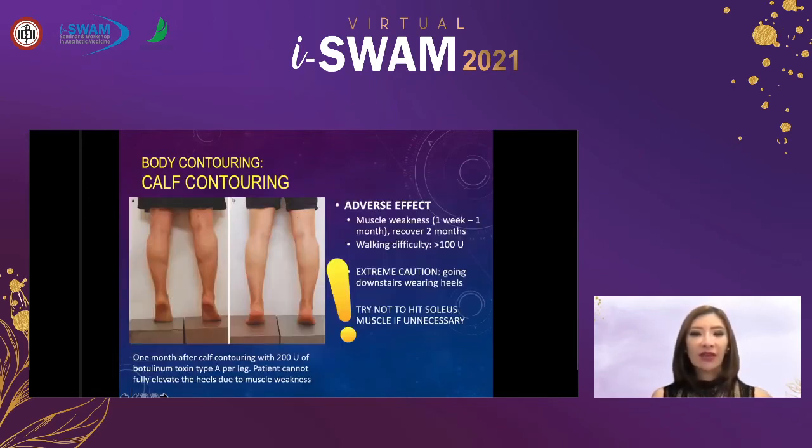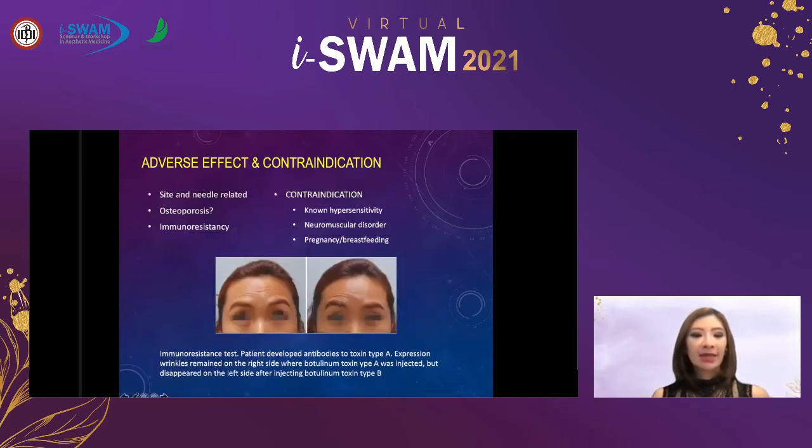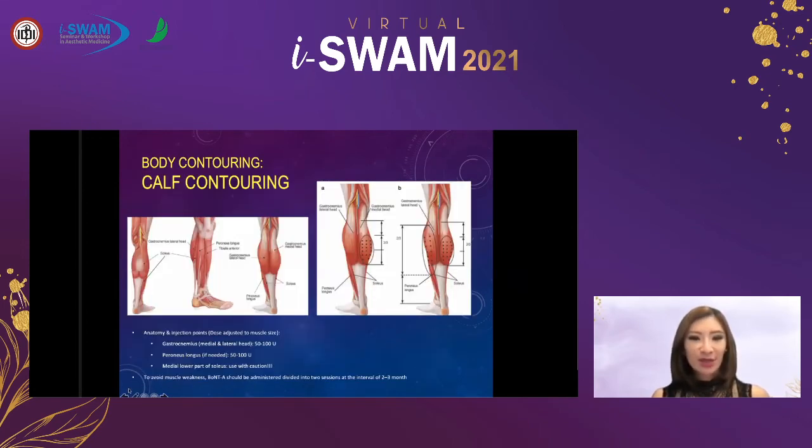Okay, so the adverse effect is muscle weakness, especially if we give the patient more than 100 units. And other than that, what I want to show you is the soleus muscle. The soleus functions as a flexor of our foot and ankle. So if we inject too deep, then the patient might have a drop foot.